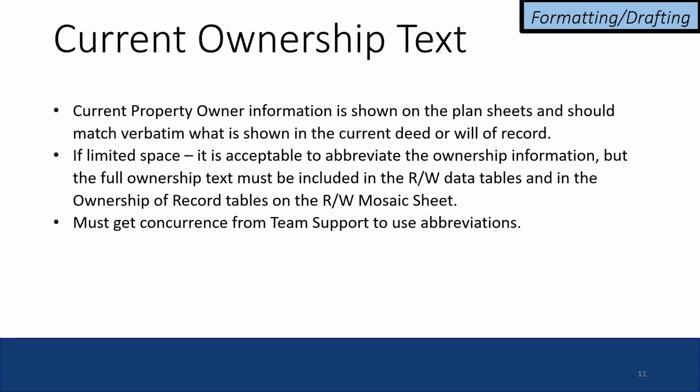In these instances, it is acceptable to abbreviate the ownership information that is shown on the plan sheets, but the full ownership text must be included in the right-of-way data tables and in the ownership of record tables on the right-of-way mosaic sheet. The practitioner must get concurrence from team support to use abbreviations.